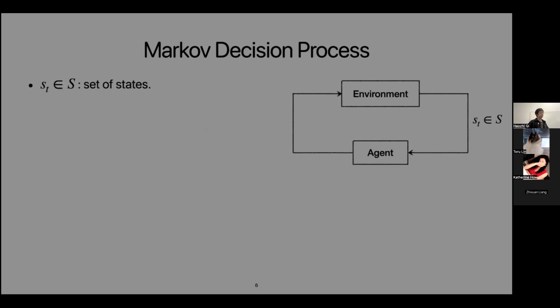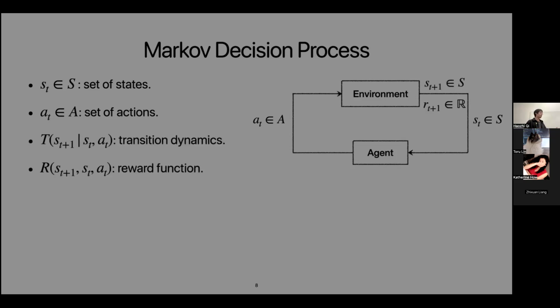In this formulation, the environment provides the agent a collection of states that defines the environment. The agent, according to this state, performs some kind of action and sends it to the environment. Given the current state S_t and the agent's action A_t, the state will change.